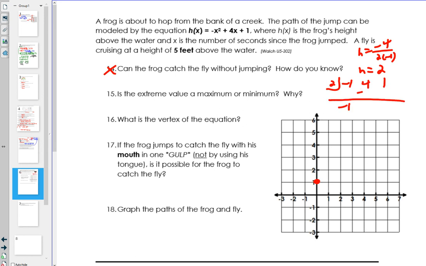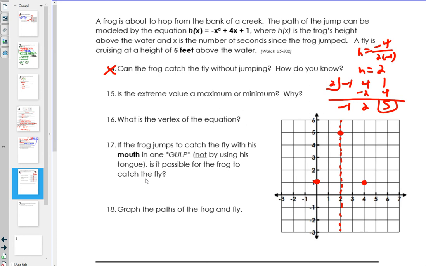So negative 1 times 2 squared is negative 4, plus 8, plus 1 is 5. So the vertex is 2 and 5. Then we can even use the axis of symmetry. Since this is the axis of symmetry, I can put a point there because that's symmetrical with the y-intercept. Something else I can do.